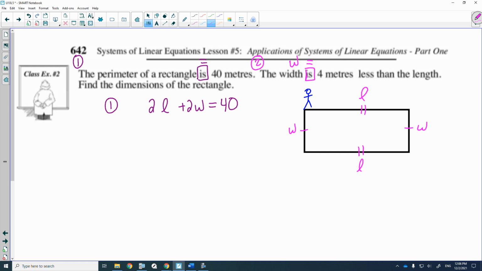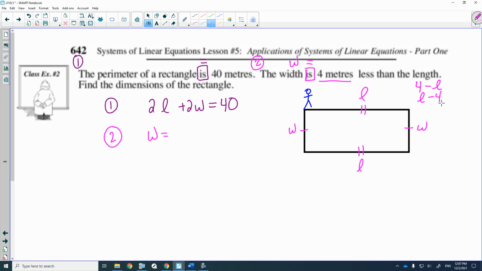What you have to figure out here, 4 meters less than the length, is it 4 minus L or L minus 4? Who knows what it would be? So think about that for a second. The width is 4 meters less than the length. Is it 4 minus L or L minus 4?